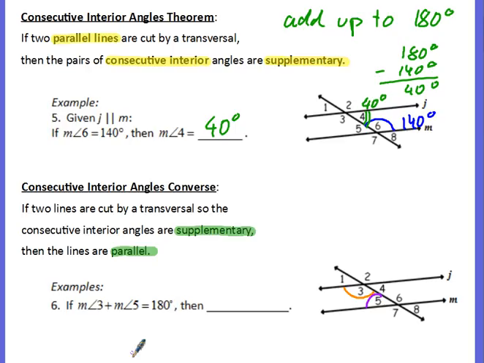Comes right next to it. And they're both on the inside. Together, we are being told that they measure 180 degrees. We don't know how much each of them measures. We know how much they measure together, 180 degrees. And then that tells us that the lines J and M are parallel.